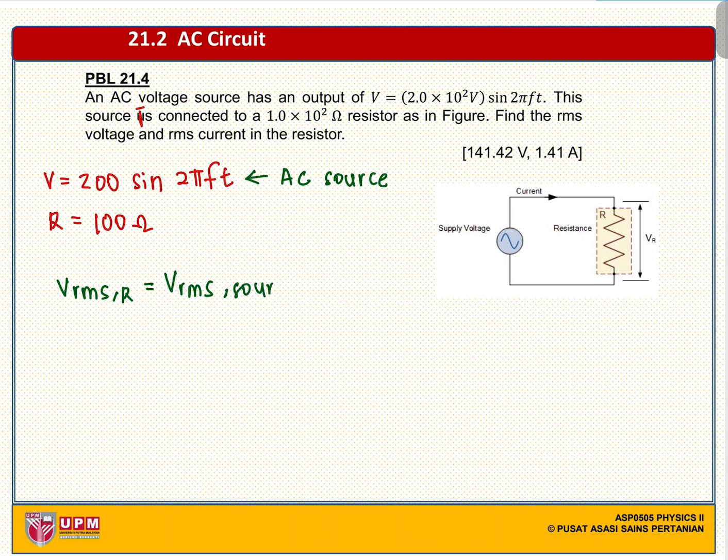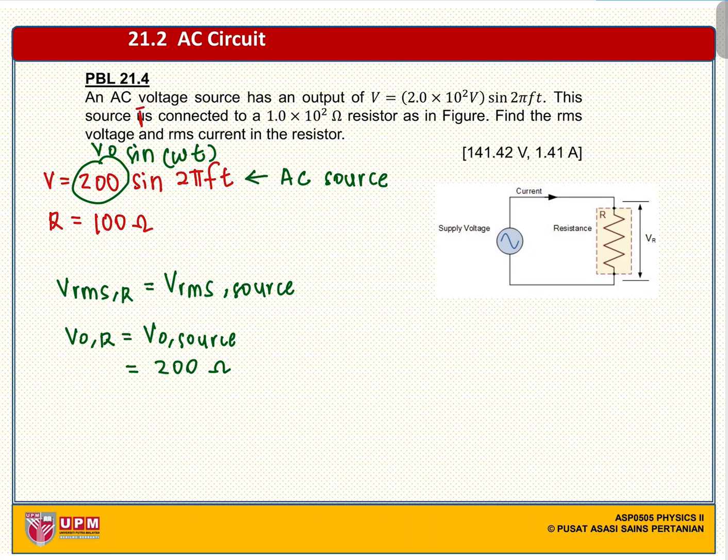So that means your V maximum across the resistor is also V maximum across the source, which here is 200, which is this one. We have seen it is V0 sin omega t, right? So this one is your V maximum.